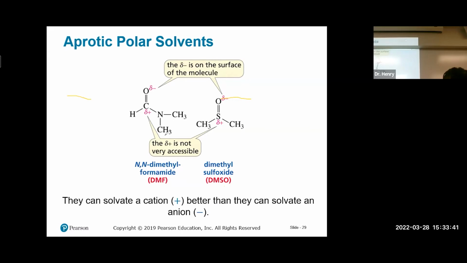And you guys see that there's no oxygen with a hydrogen attached to it on both of those structures. Instead, we have the double bond.